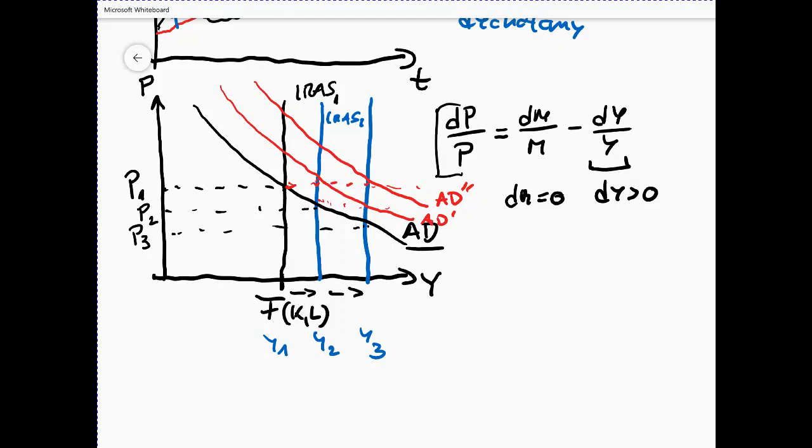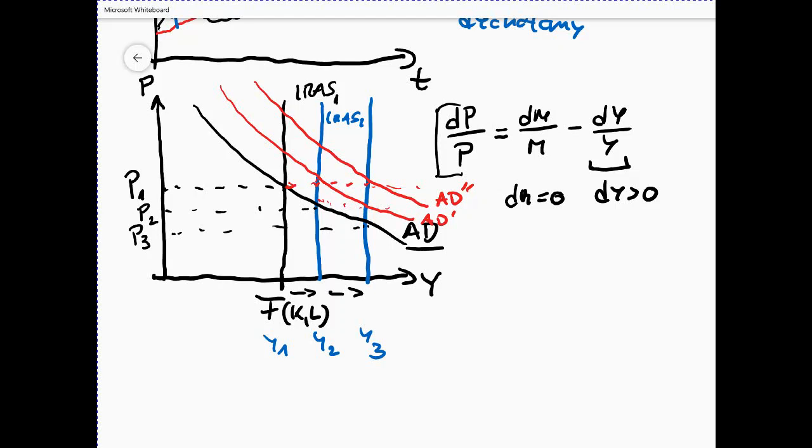Here I already assumed that the shift in the LRAS will happen due to technology. Now, that's possible. New technologies, new innovations will increase the economy's ability to transform its resources to real output. So that will be a source of a constant shift in the LRAS, but other things may also happen.